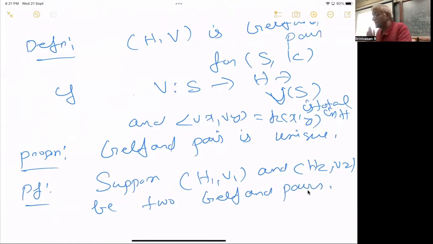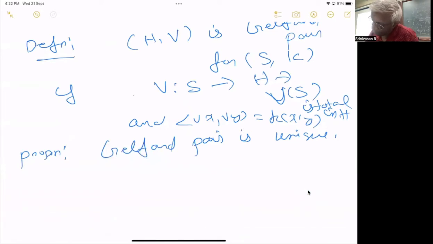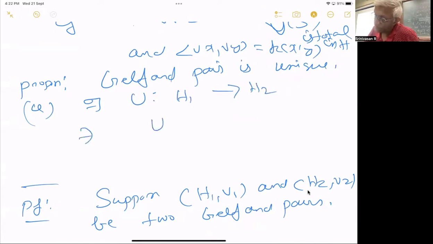There exists a unitary from H1 to H2 which intertwines V1 and V2. Maybe I will write it here. That is, there exists a unitary U from H1 to H2 such that U V1 is equal to V2.